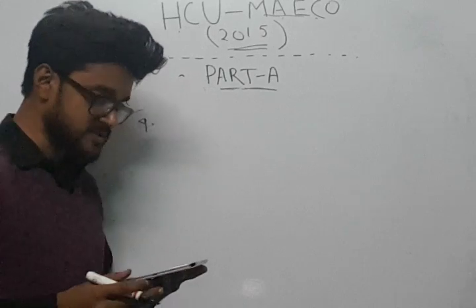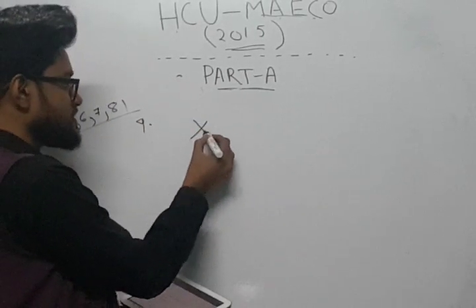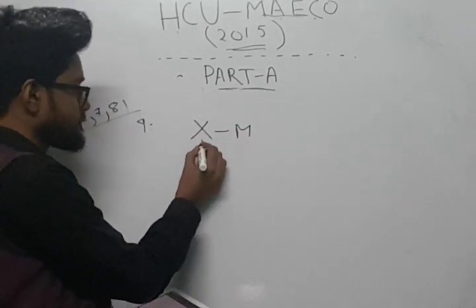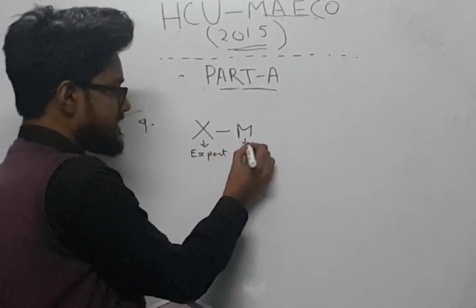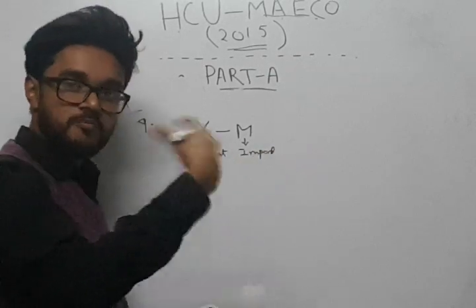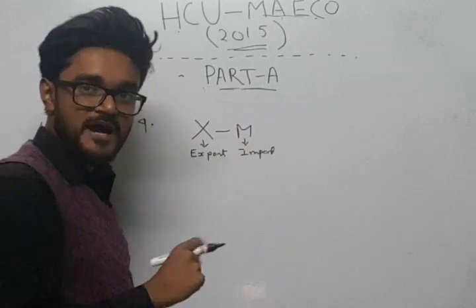First we have to understand what a trade barrier is. We denote X by export and M by import. When we export goods to the foreign market, we generate money.